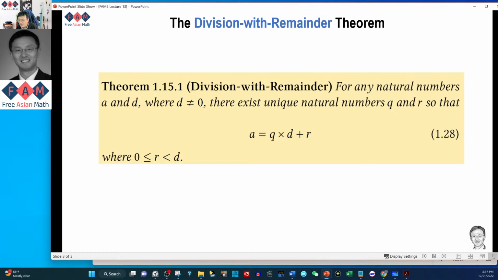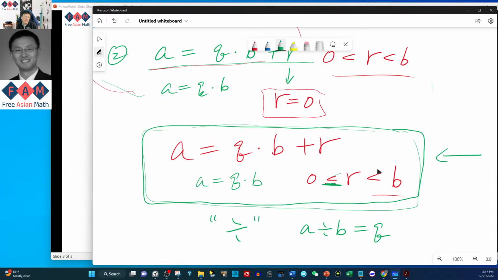Okay, so we'll stop here. I hope you did not get confused by today's topic. It's very deep. Let's just admit it. It's deeper than what you would learn as a fifth grader from your school math. But it's very important to understand division with remainder is different from division.